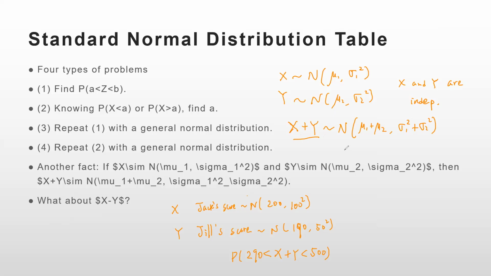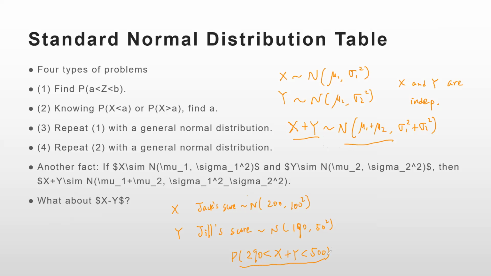The standard deviations have a sort of Pythagorean relation, which is that the sum of the squares equals the square of the other one. Okay, so then you can use this fact to solve this probability.